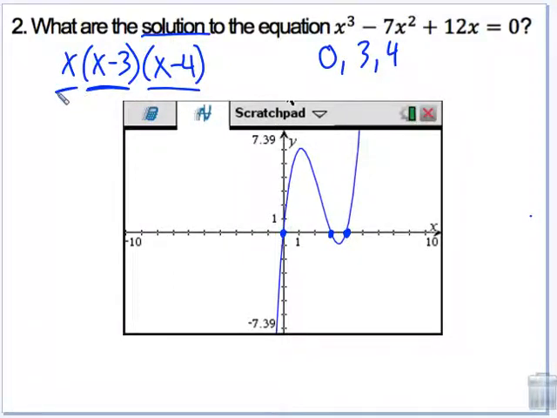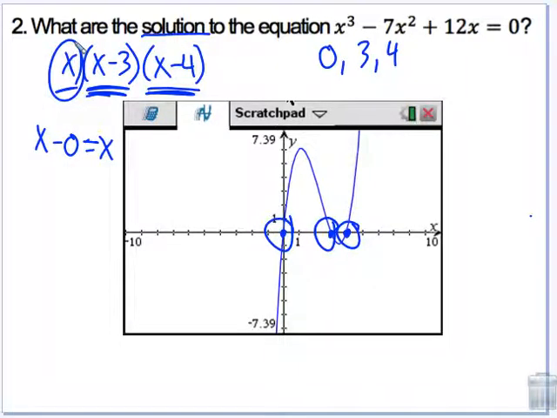Again, you would first find the x-intercepts, so 0, 3, and 4, but then you need to switch the signs. So the positive 3 x-intercept would become x minus 3. The positive 4 x-intercept would become the factor x minus 4. And then for x minus 0, that just equals x, so you would have that factor, okay?